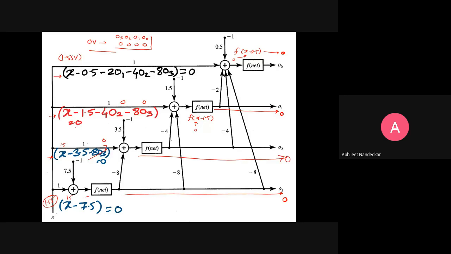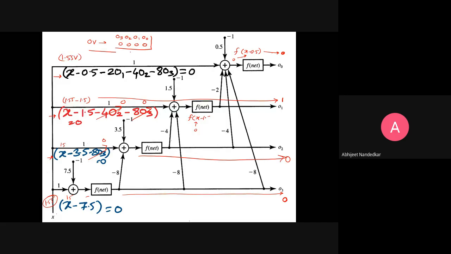Now when you come to this position, this will be 0 here, 0 here. So this is 1.55 minus 1.5. Now there is some net value which is more than 0. So this is going to fire, I think. Am I right? Okay, so this is going to fire. Now if this is fired, what will happen?